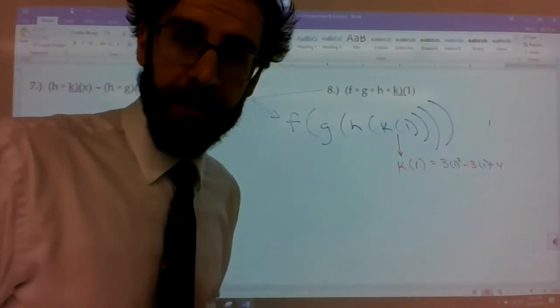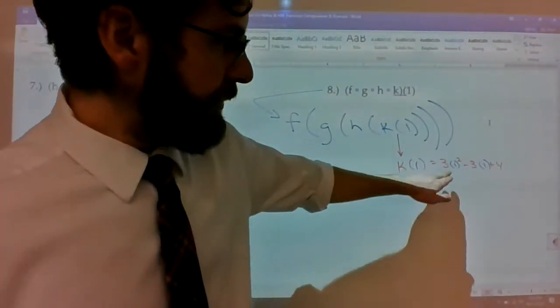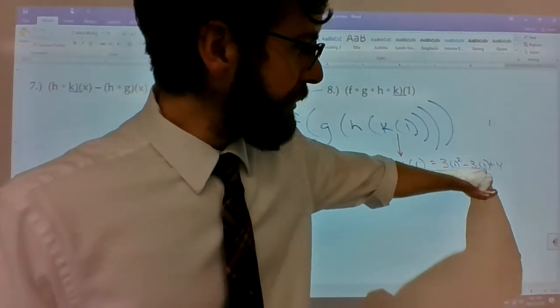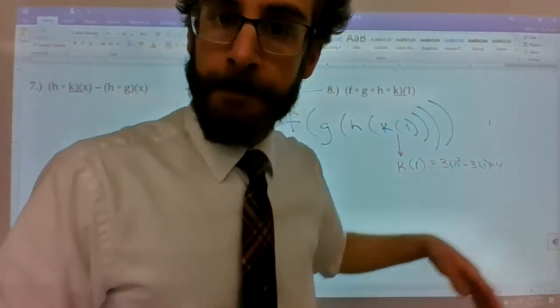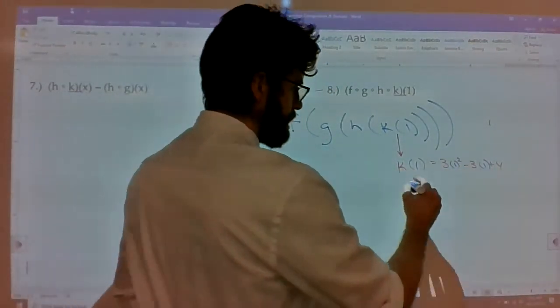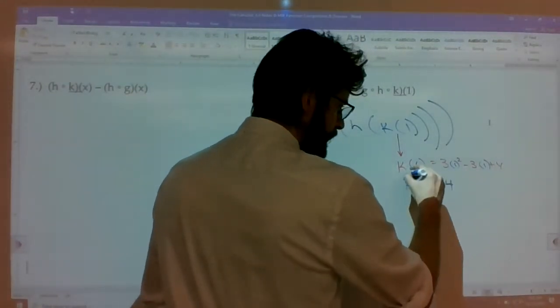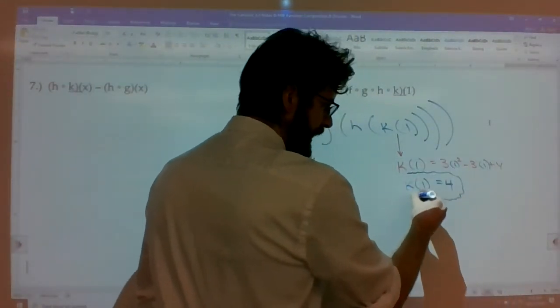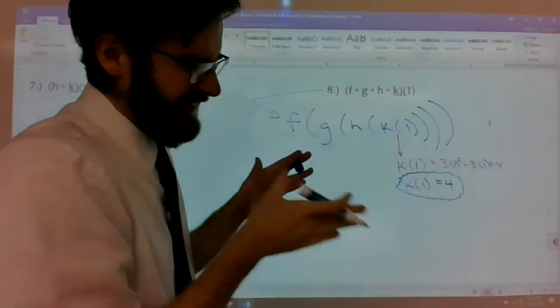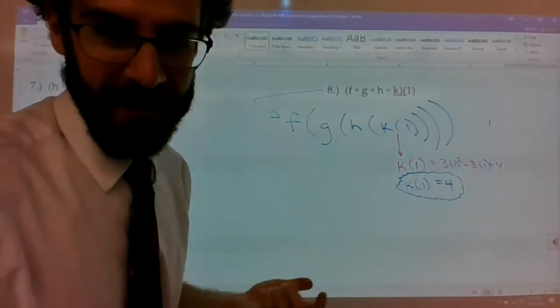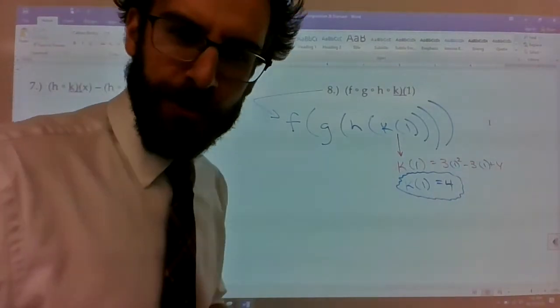You can compute that value for an actual constant value. This would give us 3 minus 3 plus 4. 4 is k of 1. So that's an important value. I'm not going to circle it. Well, I guess I did circle it. I used a little scribbly circle.